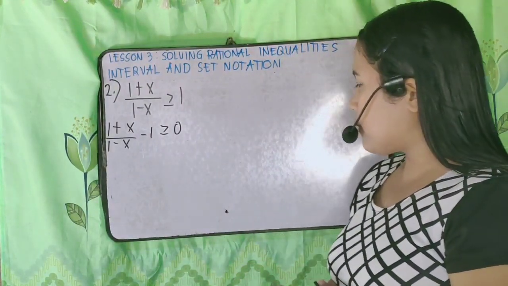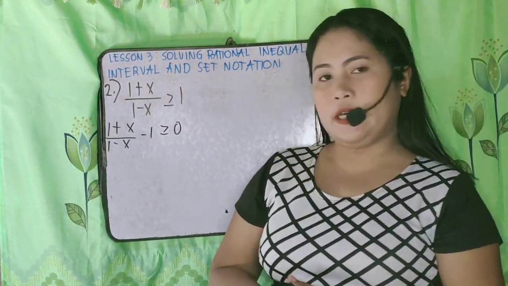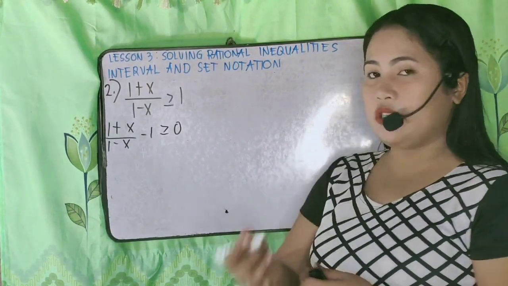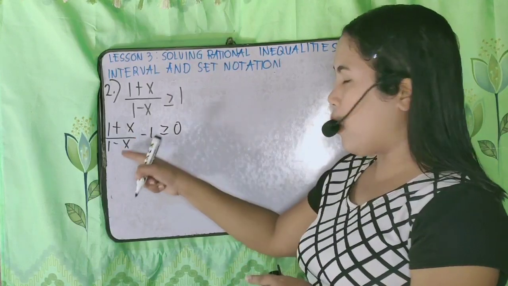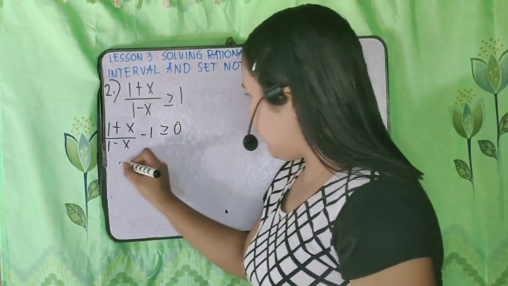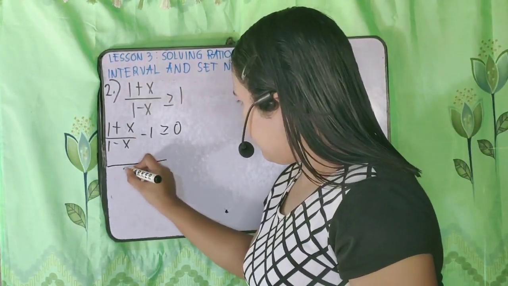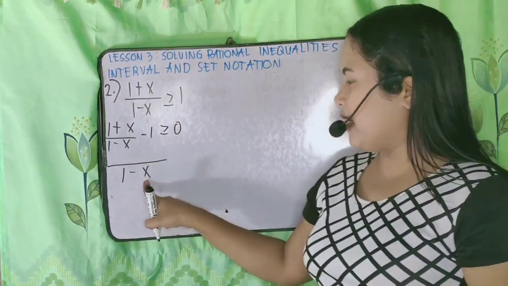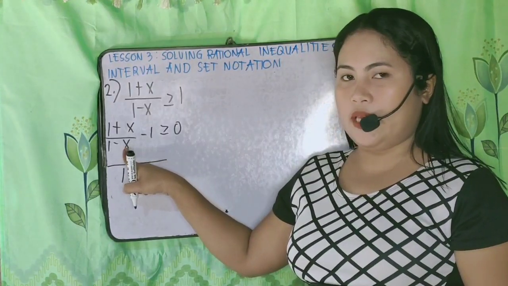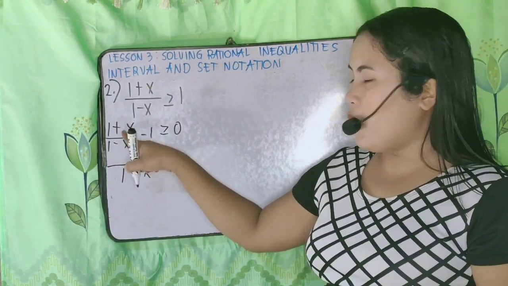Okay? So, next, since may mag-iba yung LCD niya, or denominator niya, so hahanapin po natin is yung LCD. So, still, ang LCD po is 1 minus x. Okay? So, LCD natin, 1 minus x. So, 1 minus x divided by 1 minus x, equal to 1. 1 times 1 plus x.